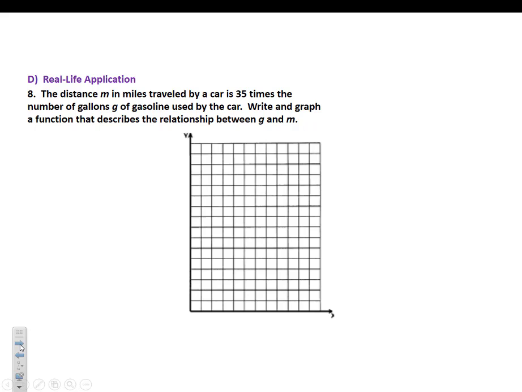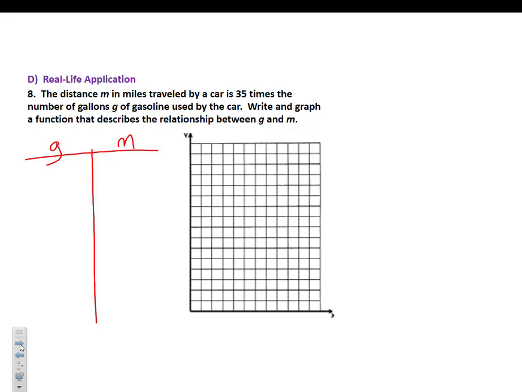Write and graph a function that describes the relationship between G and M. So now you have to decide which one of those is the dependent and the independent, because the independent is our input X and the dependent is our output Y. So does the number of gallons of gas used depend on the miles, or does the number of miles driven depend on the gas used? Well, it just so happens that in our input-output table, our input would be gallons of gas, our output would be our miles. All right.